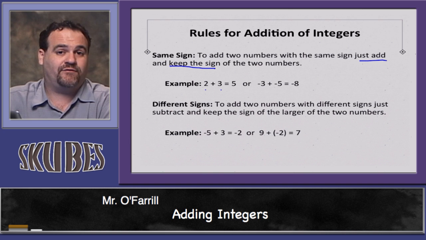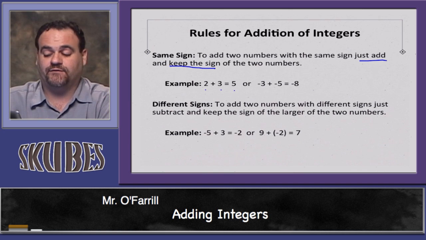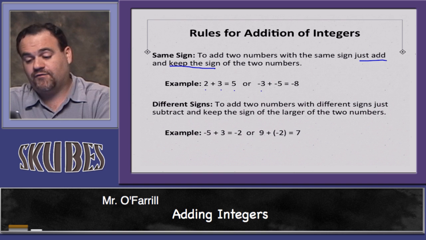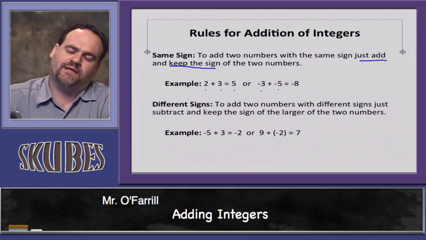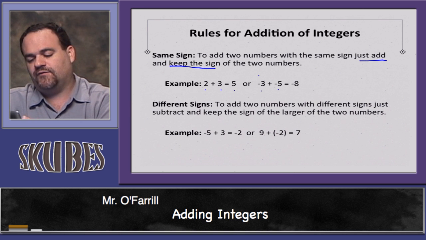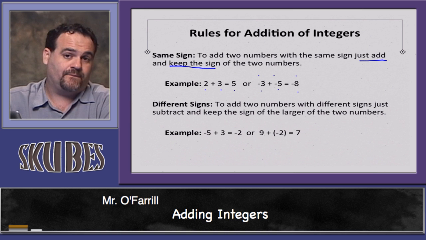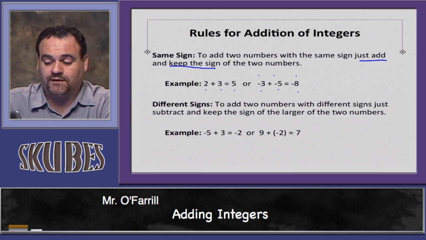Well, 2 plus 3 is 5. Keep the sign: positive 5. Or negative 3 plus negative 5. They have the same sign, so we're just going to add them together. 3 plus 5 is 8. But it's a negative, so the answer is negative 8. And that's what you do if you're adding integers with the same sign.